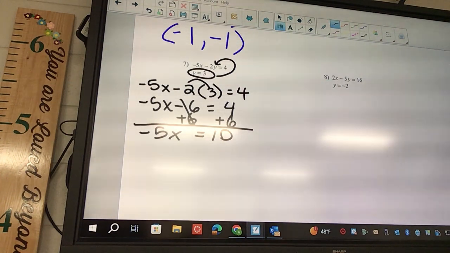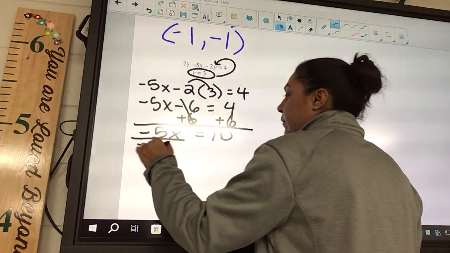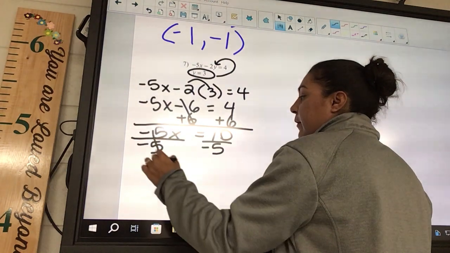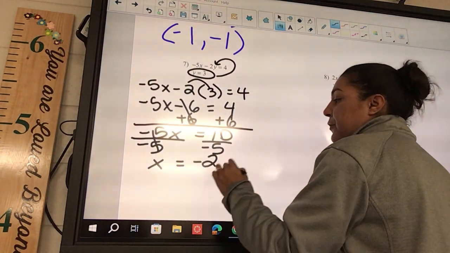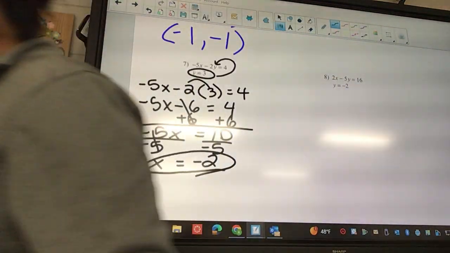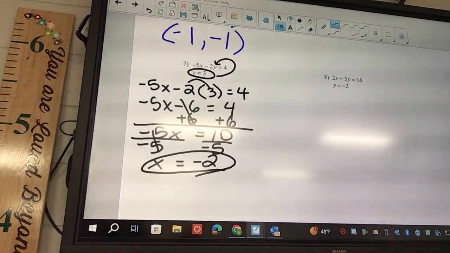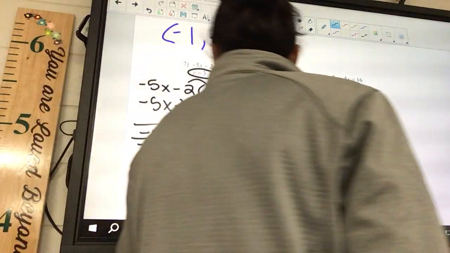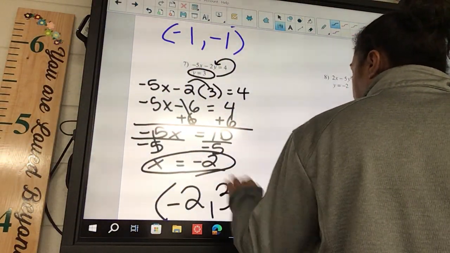Divide by negative 5. And so we're going to get negative 2. What do we do with that? Plug it into the y, except the y is already solved, yes? Okay, so we can just write it in our coordinate. Negative 2, comma 3.